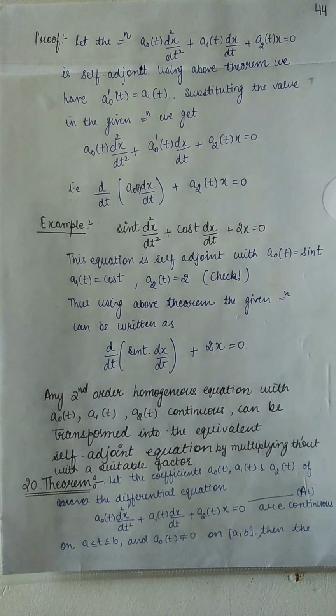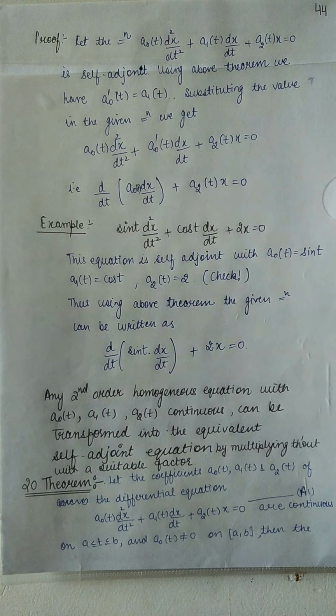In the next theorem, we will prove that any second order linear homogeneous equation with a0(t), a1(t), a2(t) continuous can be transformed into an equivalent self-adjoint equation by multiplying throughout with a suitable factor.